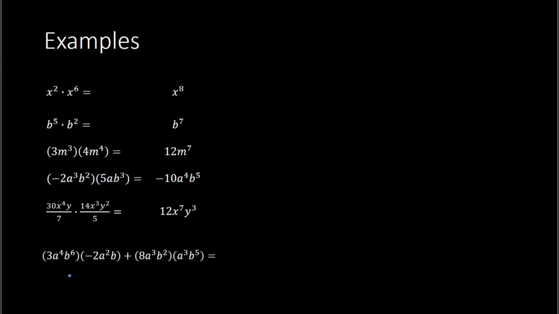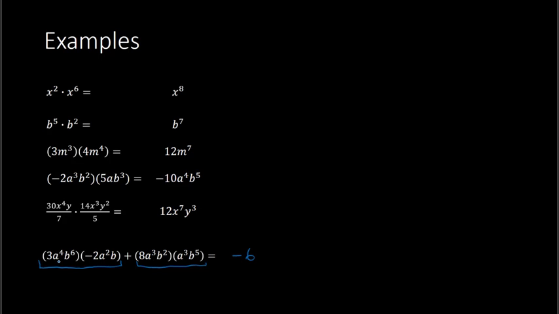And here we see one last example. Here, be careful with the plus sign. We are adding these two things together, and so I need to do this separate from this over here. On the left side, when I simplify, I do the 3 times -2, which would be -6.